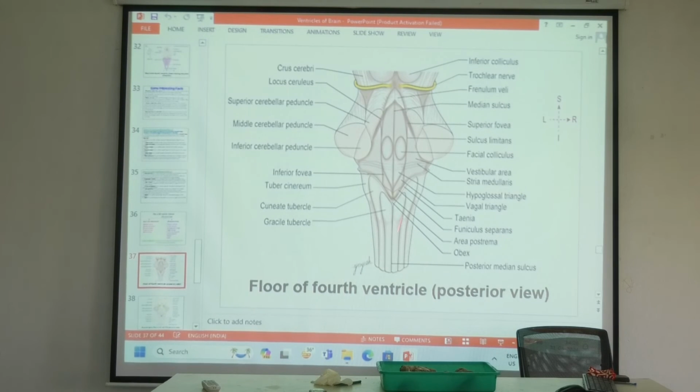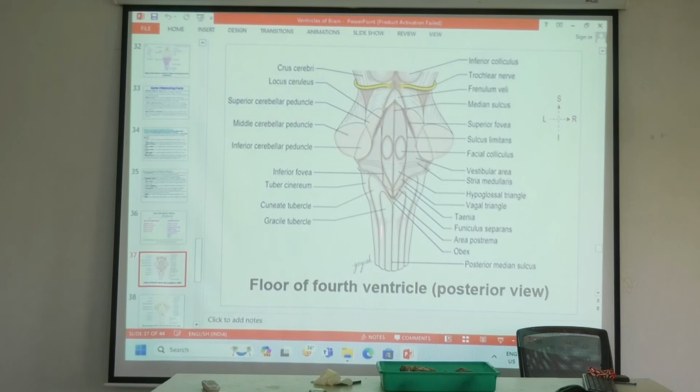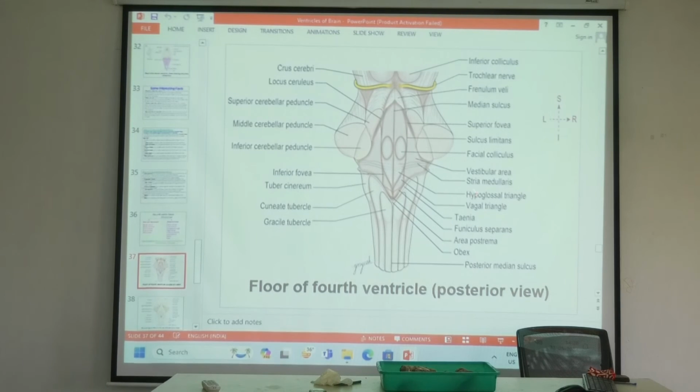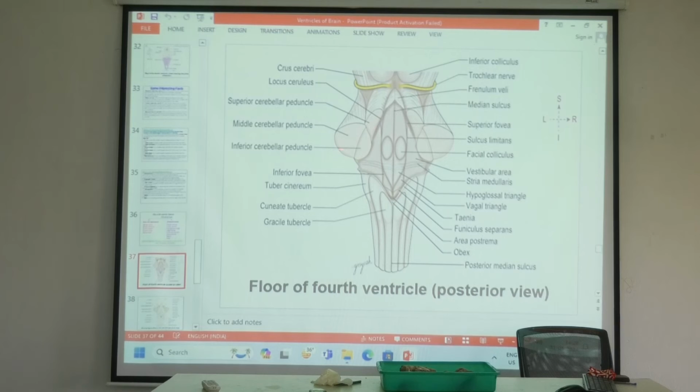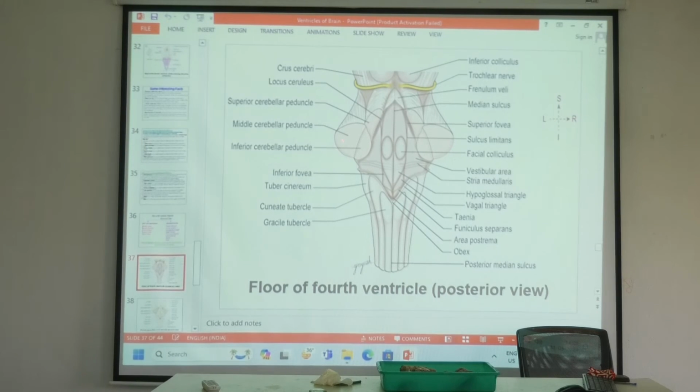Here is the sulcus limitans and here is the median sulcus. These rounded areas form elevations in the upper part. These are the facial colliculi.